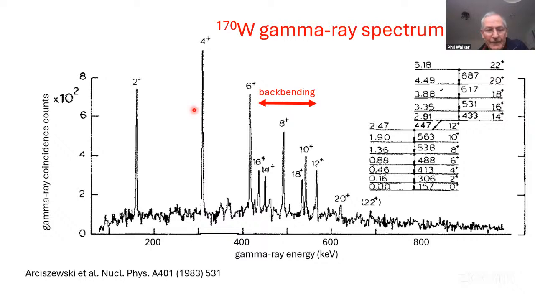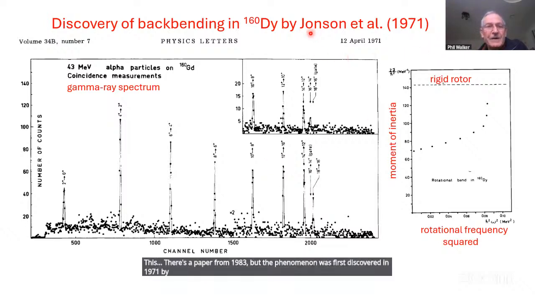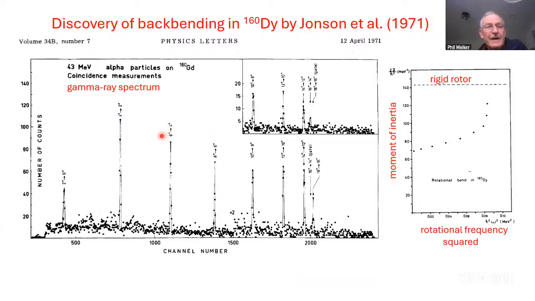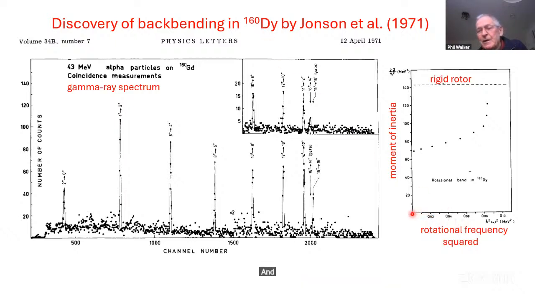This is a paper from 1983, but the phenomenon was first discovered in 1971 by Arne Jonsson and co-workers, and they were studying the rotation of dysprosium-160, and they made this plot of the moment of inertia, which you can deduce.